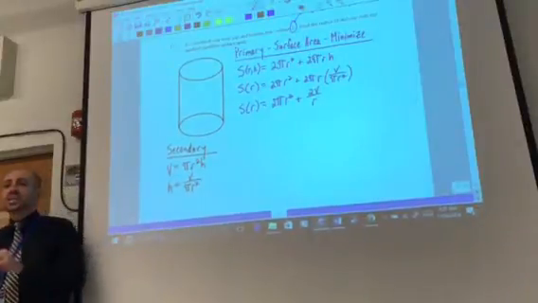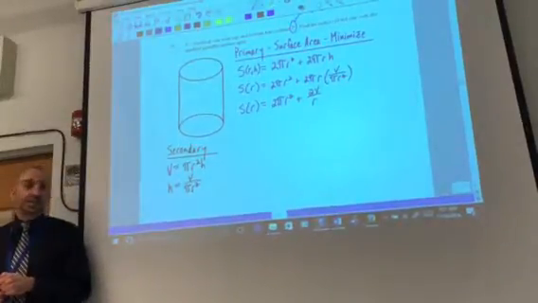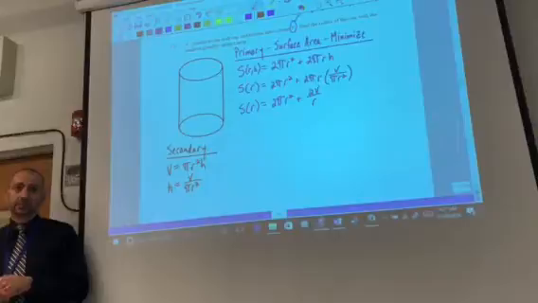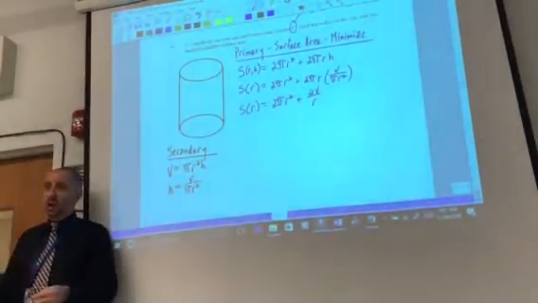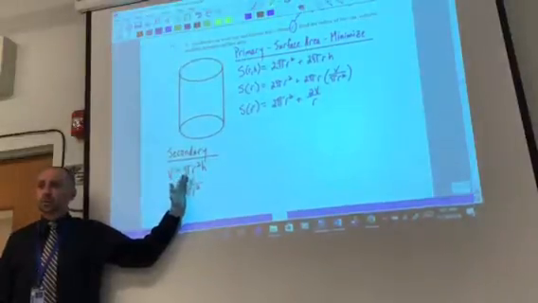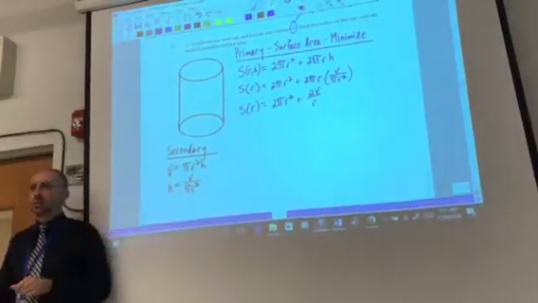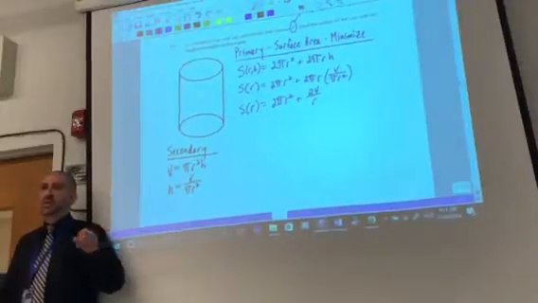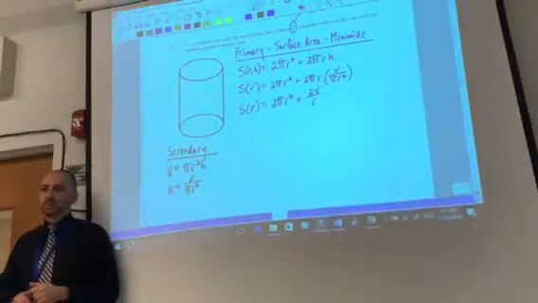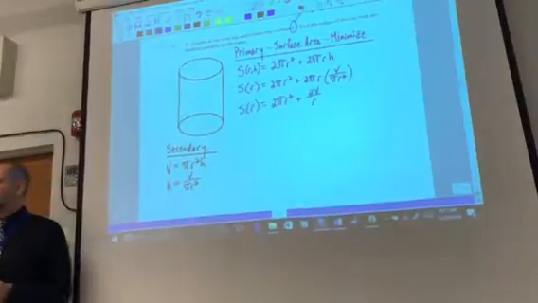Because remember, h has to stay positive also, because if h isn't positive, we can't make a can. If we keep making r larger, if we take its limit as r goes to infinity, where does this quotient go? It goes to 0. Does it ever become 0? No. That's why there's no upper limit.